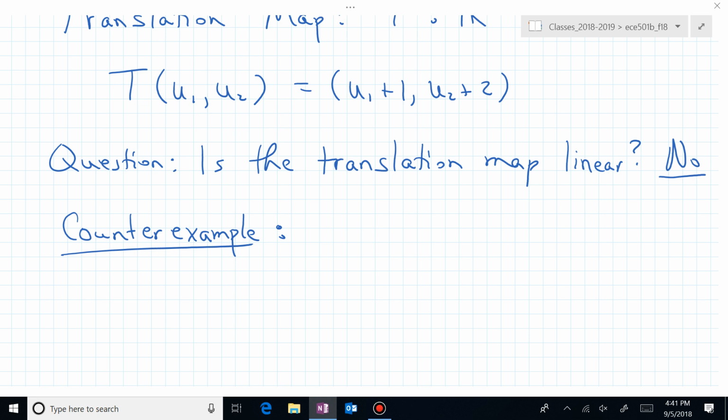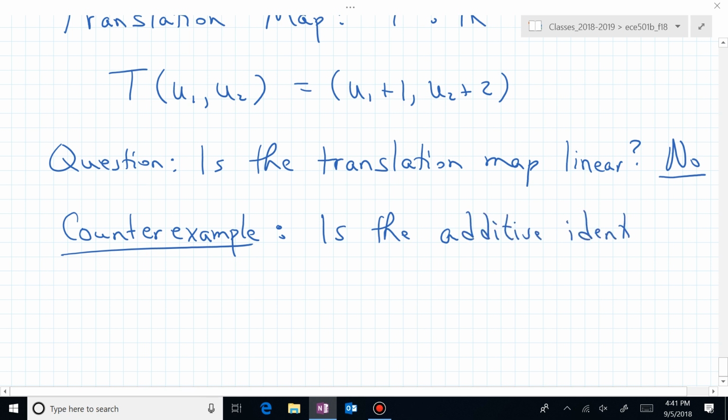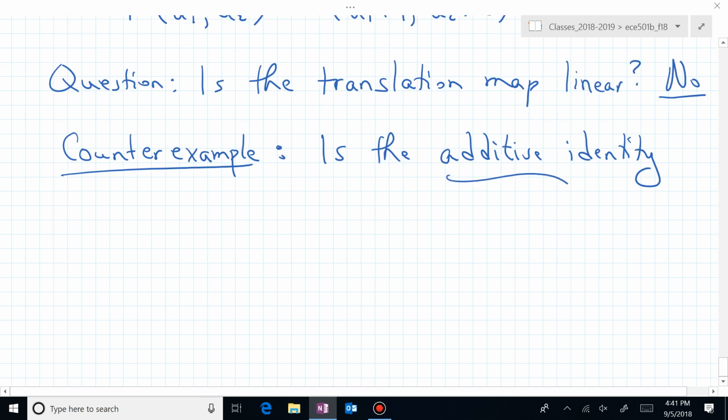You might first say, is the additive identity, which is the zero vector, mapped into itself in this map? That is a way of finding maybe a counterexample.